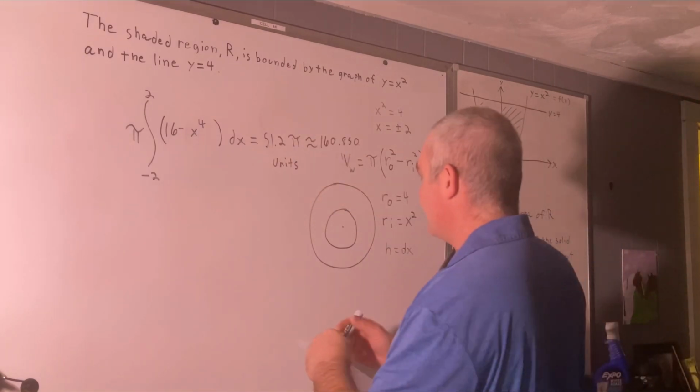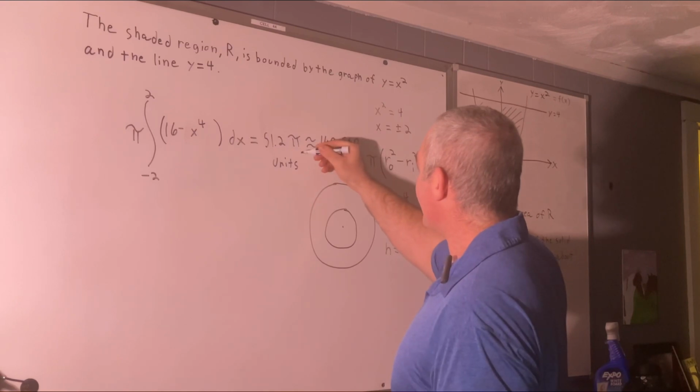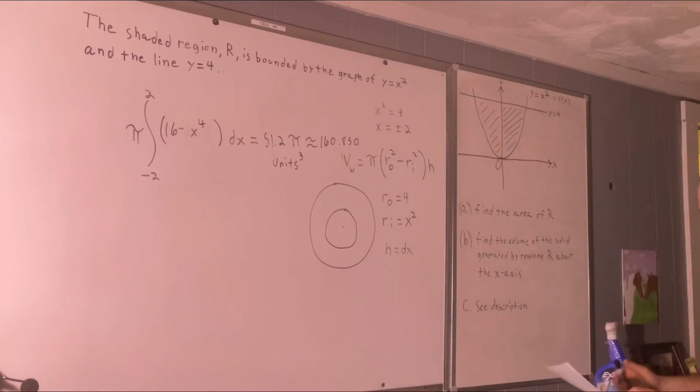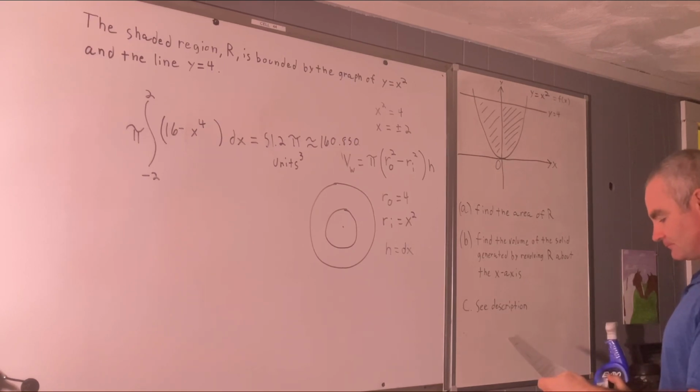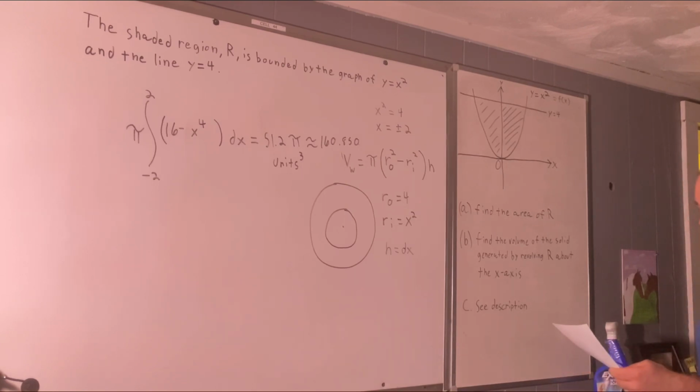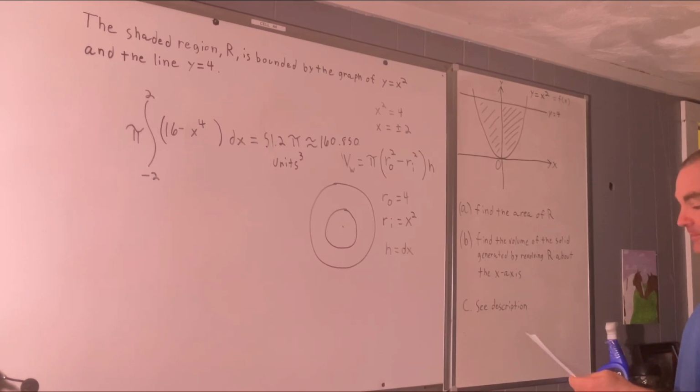We're talking about volume, so it better be units cubed. Right, but do not solve an equation involving an integral expression that can be used to find the value of k. All right, so let's read that one more time.